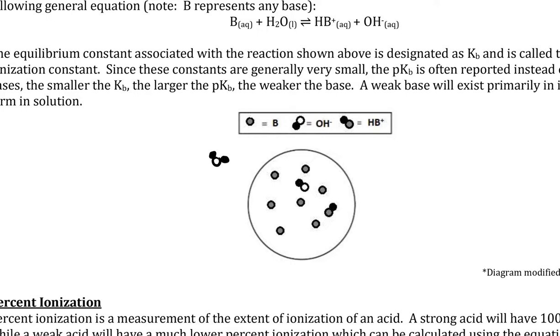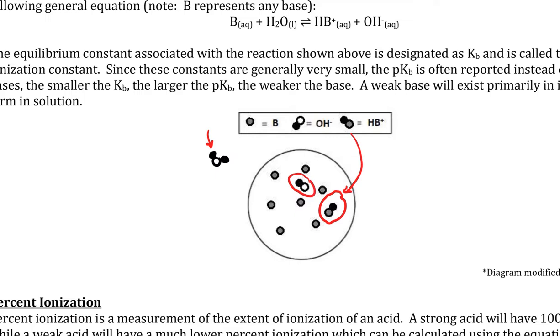We can see one sample here, or one particle here, where the base has taken on the proton and formed that conjugate acid. And when it did that, after it removed, say, the hydrogen from right there, and made it part of the now conjugate acid, it leaves behind the OH particle that's here.